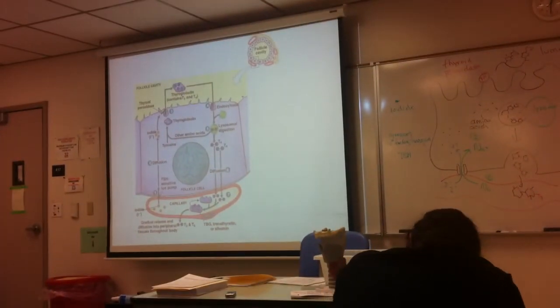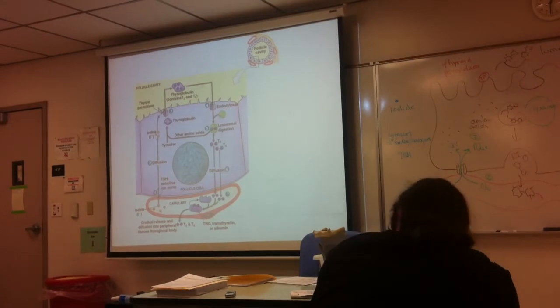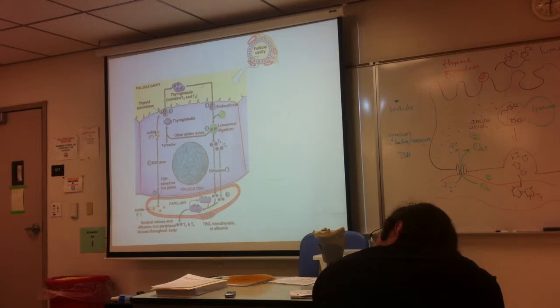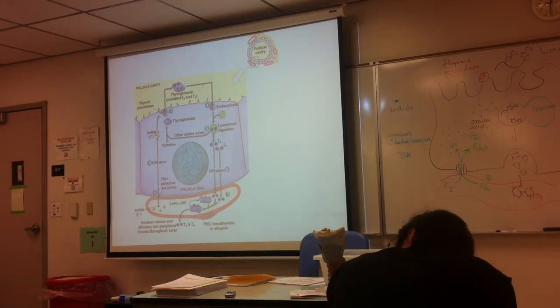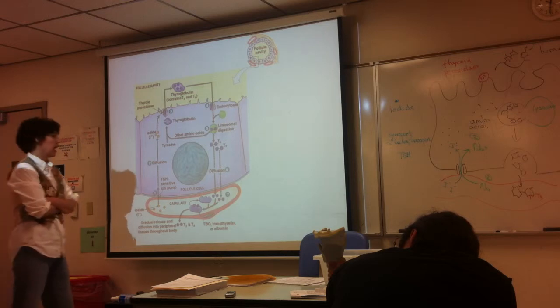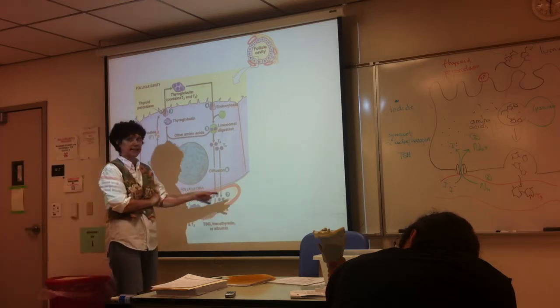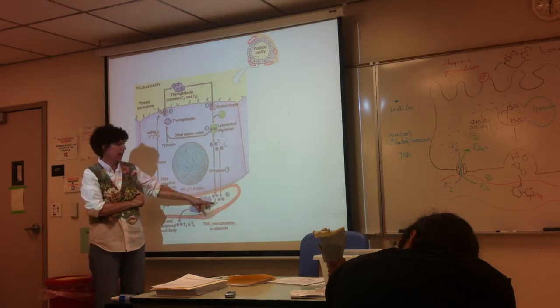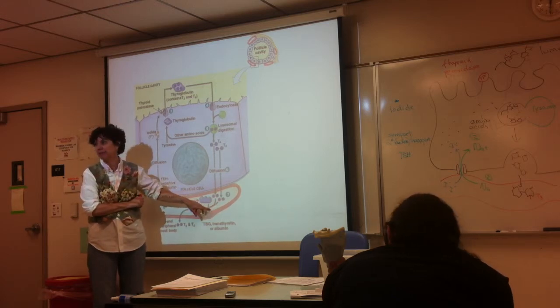Now, even though it's an amino acid, it actually is lipid soluble. Not enough to cross the plasma membrane by itself, it still requires a transport protein, but it's hydrophobic enough that it's not soluble in the blood. So it has to be bound to a transport protein.